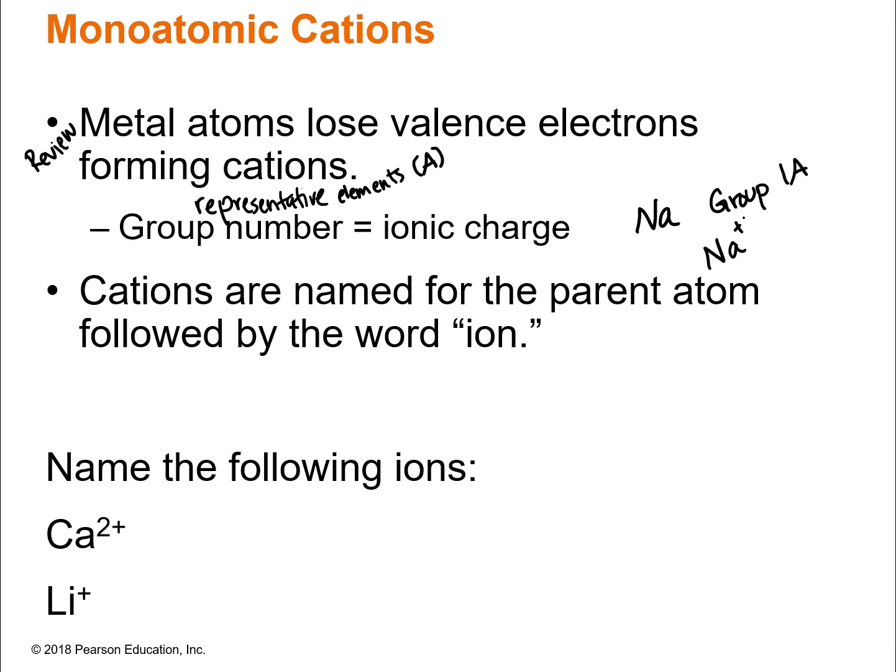Naming cations is new. To name a monoatomic cation, you simply take the name for the parent atom and then you write the word ion. So for calcium 2 plus, you write calcium followed by the word ion. Done.